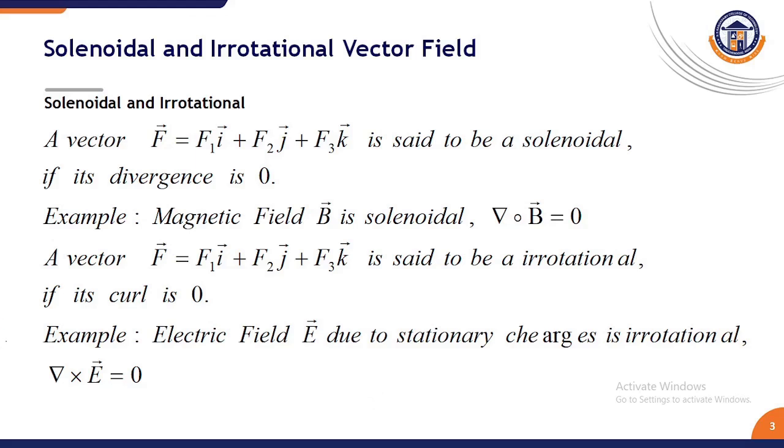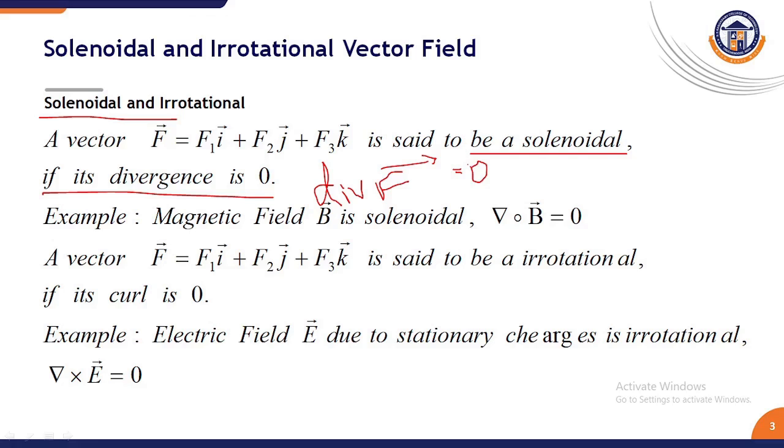Now see the definition for solenoidal. A vector field is said to be solenoidal if its divergence is 0. That means div F equal to 0, then F is known as solenoidal vector field.